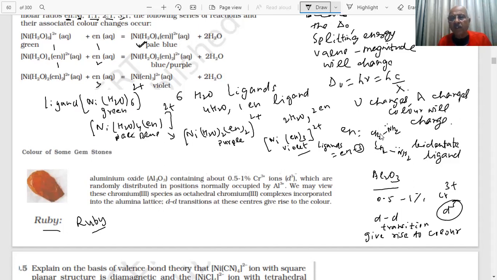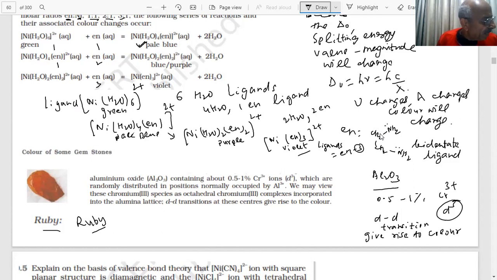We could take this as a ruby, because this is a picture taken from some book. The color is due to the presence of chromium ion, with electrons in the d orbitals, t2g and eg. It forms an octahedral complex, and due to d-d transition they give very good and brilliant colors.